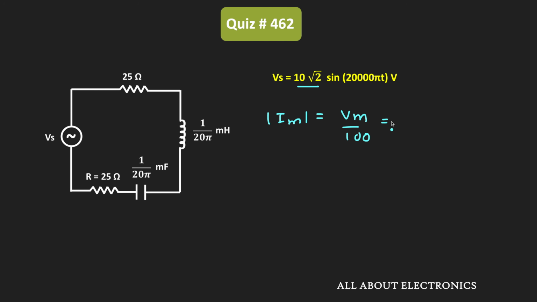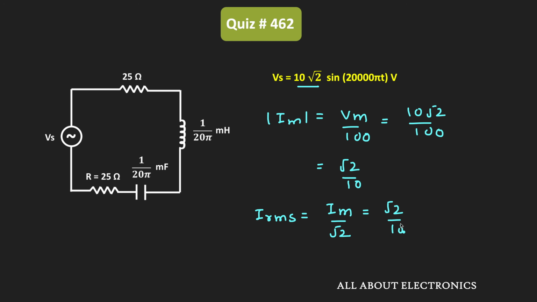So that is equal to 10 times root 2 divided by 100, or that is equal to root 2 divided by 10 ampere. And if you see the RMS value or the IRMS, then that is equal to Im divided by root 2. That is equal to root 2 divided by 10 times 1 divided by root 2.